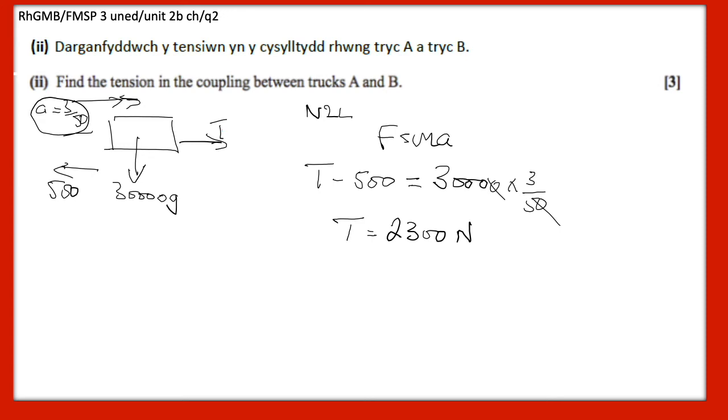And so what I've got is 9,000 divided by 5 plus 500, and that's the way I'll get my answer there. 2,300 newtons. The beauty of these questions is they look as if they're going to be complicated, but if you reduce them down to simple diagrams, they always work easily.